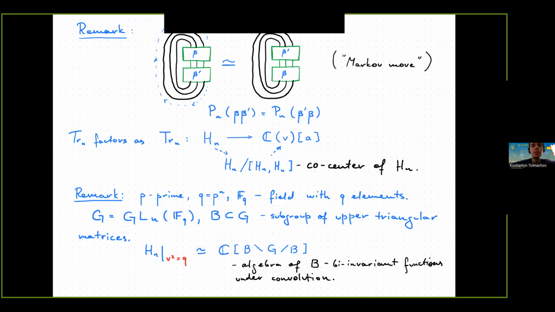So in this picture, you can just slide beta prime around so that it now occurs on top of beta. And so this says that Pn of beta beta prime is the same as Pn of beta prime beta. Or put differently, this trace function, trace n, factors through the cocenter of the finite Hecke algebra.